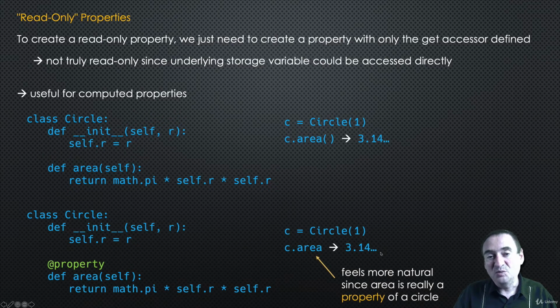To me, that feels more natural because the area of a circle is really a property of a circle. It shouldn't be a function that I have to call on the circle. It makes more sense that area is just a property. In this case, it happens to be a property that I'm calculating every time I request it. So every time I call c.area, it's going to run this method, calculate the area, and return it.